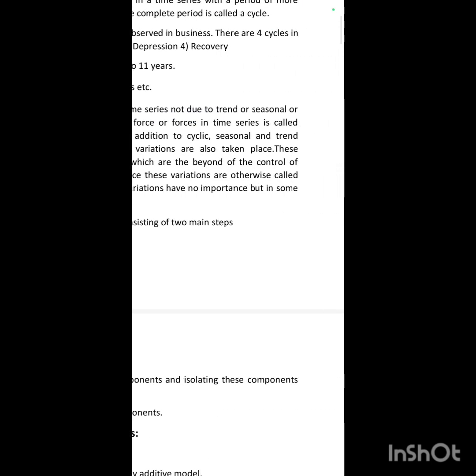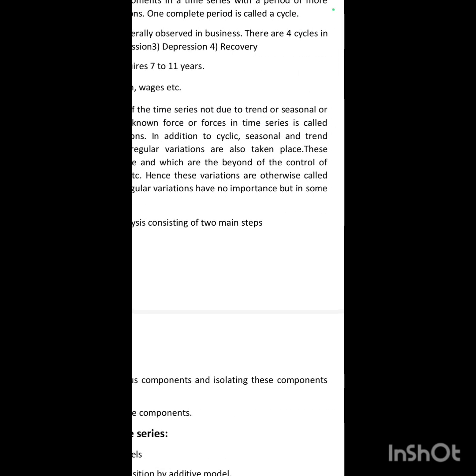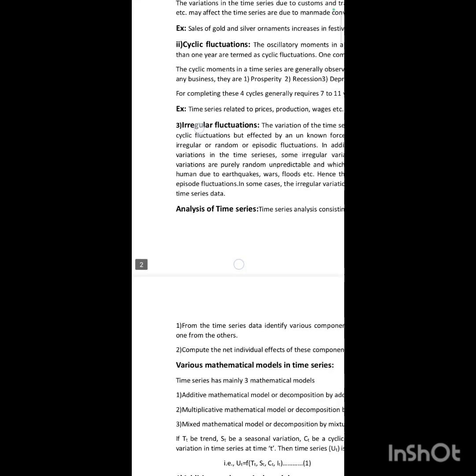In some cases, the irregular variations have no importance, but in some time series data, irregular fluctuations are very important.